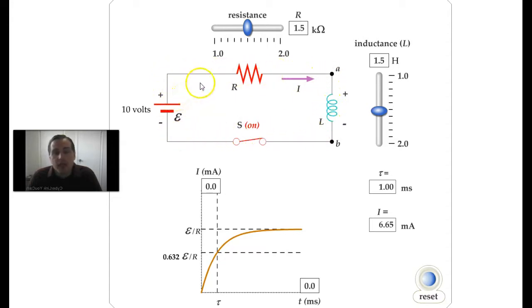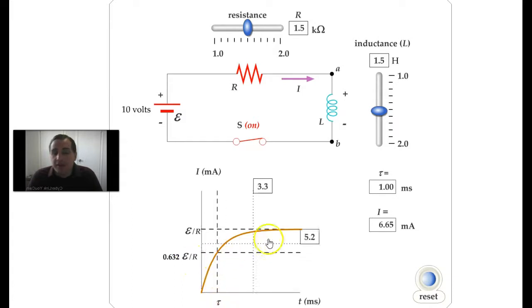All right, and one of the things you also see is that the time constant is when we reach 0.632, that is 1 over e. It's actually 1 minus 1 over e, and in lowercase e there being Euler's number, the natural exponential. So we've reached 1 minus 1 over e fraction of the maximum current.